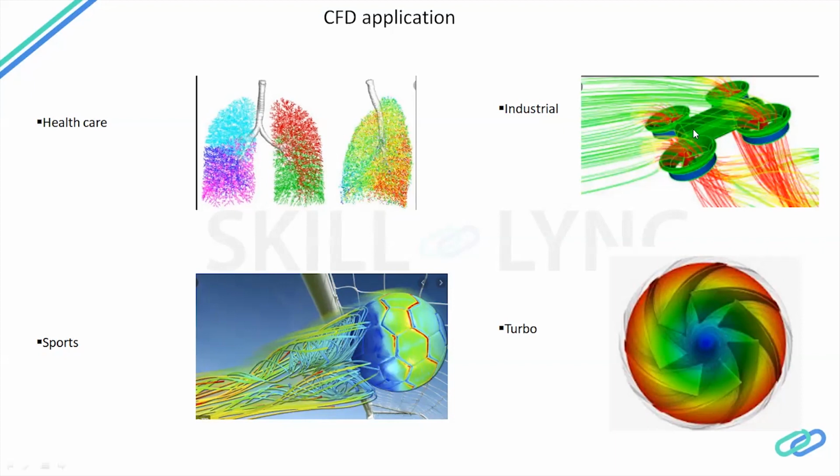And this is like a flying saucer where we can see the flow motion around the flying saucer. And this is like turbomachinery where we have turbines, rotations and power generation applications. We can apply CFD here also.